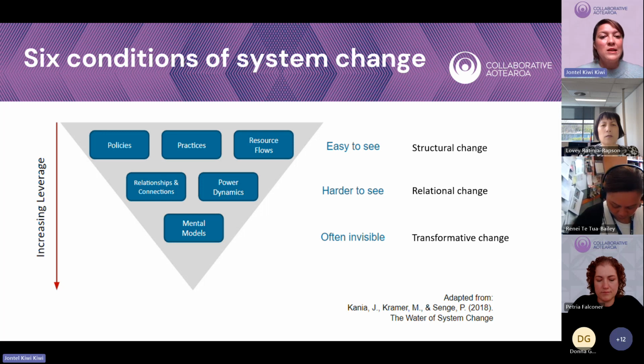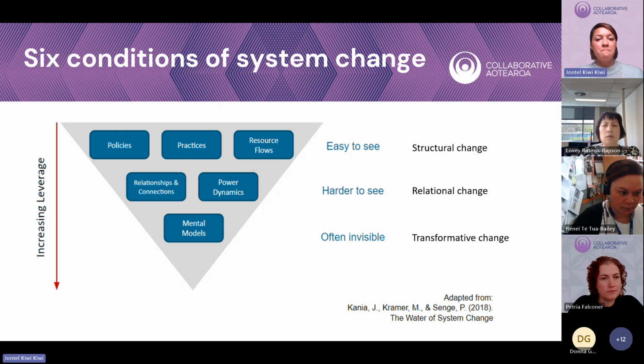And when those things all align, then we get to the bottom here, the mental models. The mental models are our deep-seated beliefs, our values, what sits at the core of why we choose to do the things that we do. And this is the part that creates transformational change.